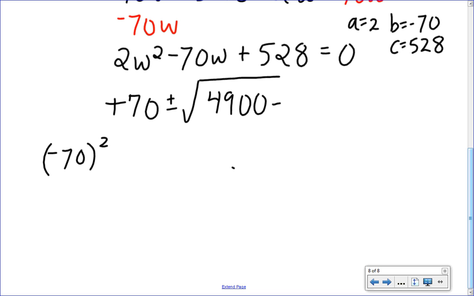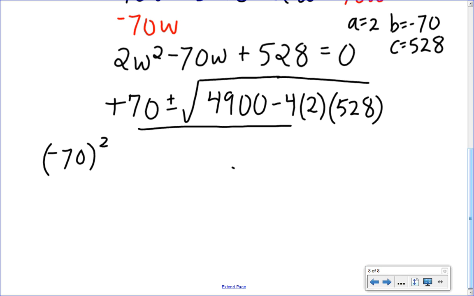And then minus 4AC. So minus 4 times 2 is A, and times our C value is times 528. All of this over 2A. So that is 2 times 2.